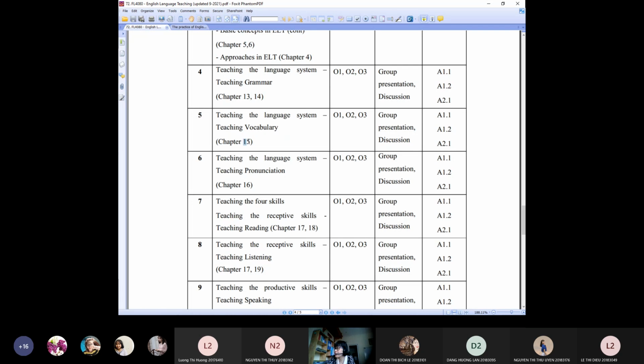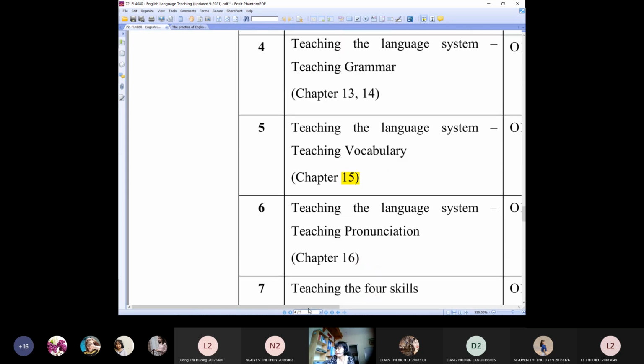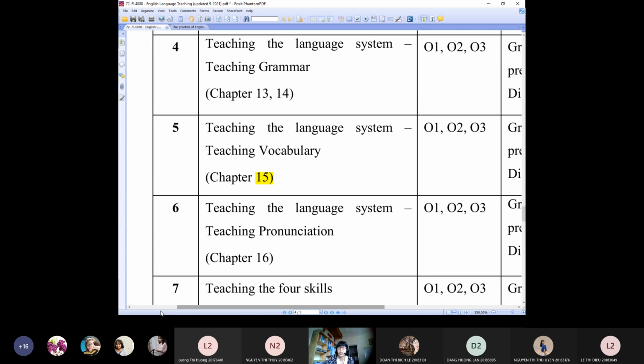You need to highlight it. Number what? Which number? Chapter number 15. You need to work on the chapter first to have a firm understanding of teaching vocabulary before you move on to the specific topic.